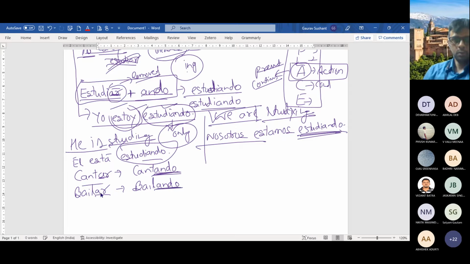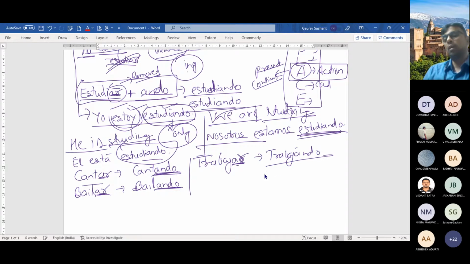You can see what we are adding here. Similarly, think of any other AR ending verb, let's say trabajar, which is to work. Trabajando. This is the gerund form. You take any regular AR ending verb, and this is how you make it a gerund form.